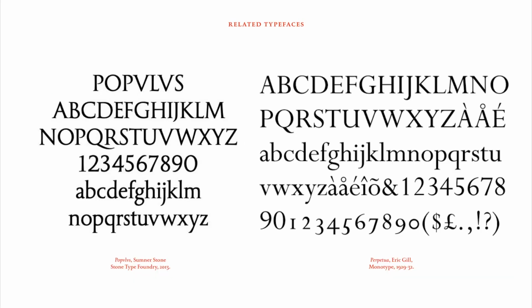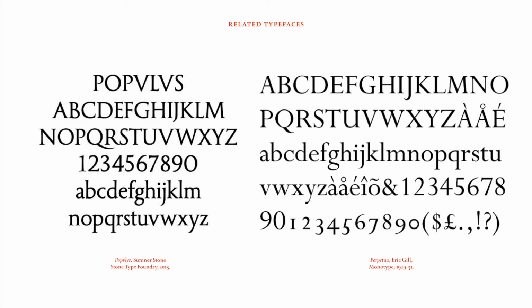Here are some typefaces that for some reasons influenced my choices. Sumner Stone's Populus is also based on the same idea of a better relation between upper and lowercase. And it's a very nice thing to realize that working from the same starting point, it can lead to different results.